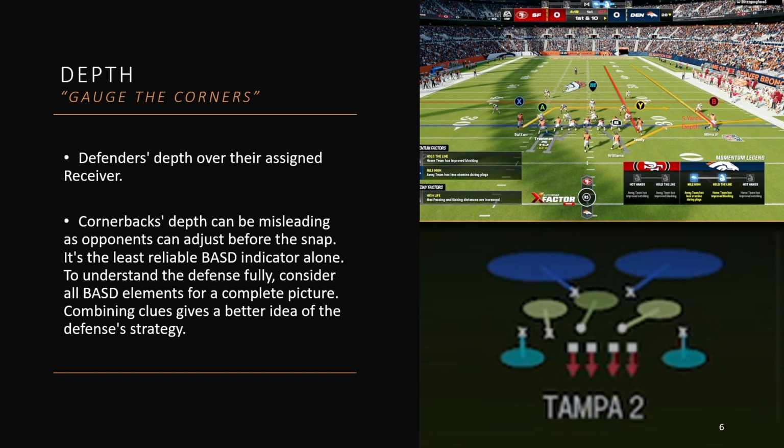Now, quarterbacks in high school, college, NFL are taught to look at the safeties first. This is Madden. We have to flip that. We have to look at the corners first. Now, understand, cornerback depth can be a little misleading, especially if you don't look at that corner fast enough.